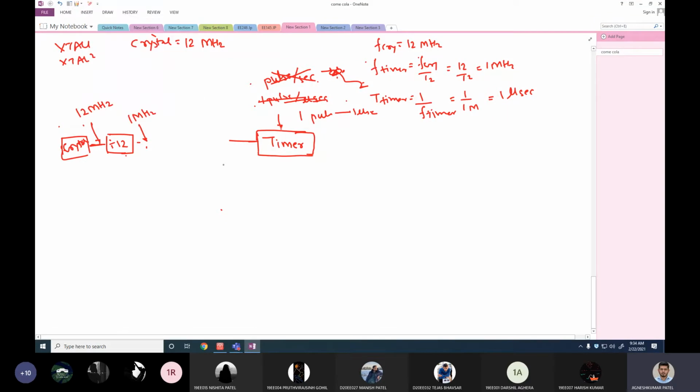See how I have connected, that control bit is this. What is this? What I have drawn? What is this? I think my drawing screen is freeze. Screen is freeze, right?